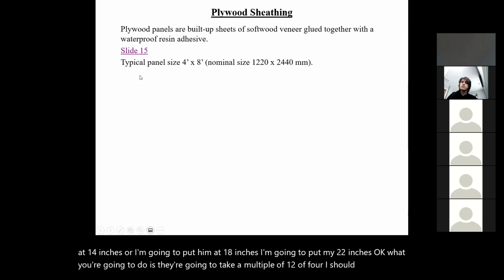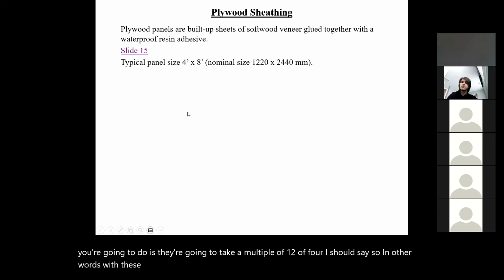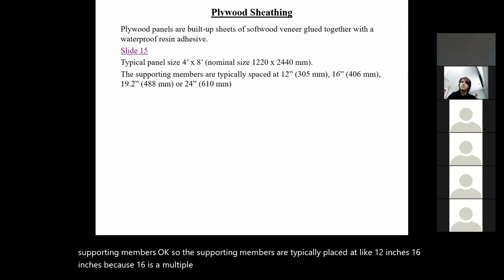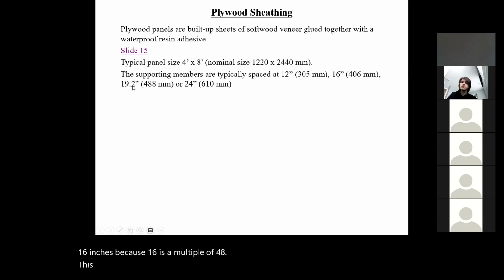So these panel sizes impose how you space your supporting members. The supporting members are typically placed at 12 inches, 16 inches, because 16 is a multiple of 48. This is not done very frequently, but you can also go to 19.2 inches, which is a multiple of 8 feet.